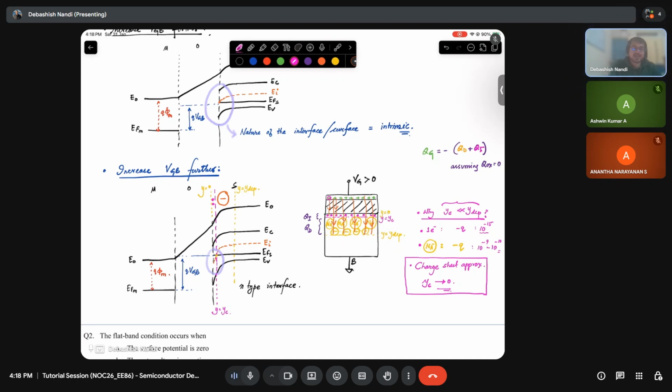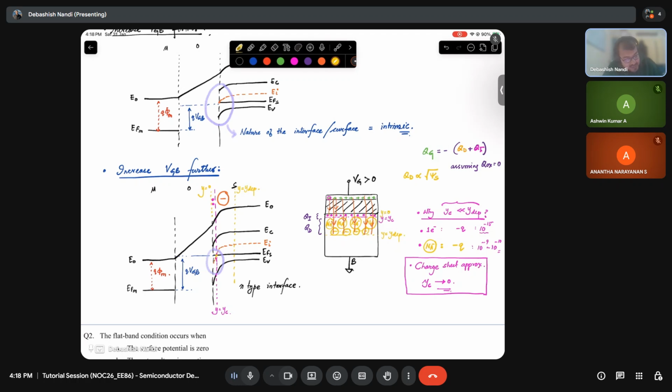So this all has to balance because my electric field lines has to generate and terminate, right? If you solve the Poisson equation, you will see that this QD is proportional to square root of surface potential. And by the way, what is my surface potential here?